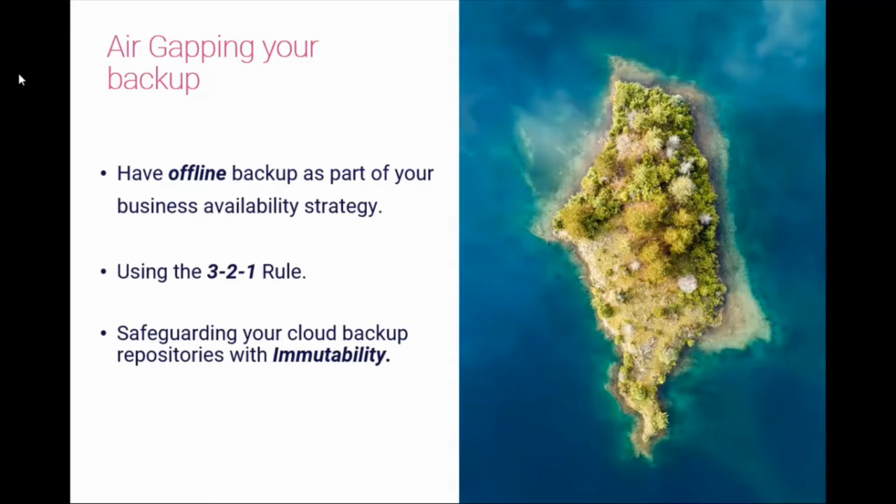So the more you increase the barriers between your offline backup and your live environments, the harder you make it for cyber criminals to reach those backups and delete them.